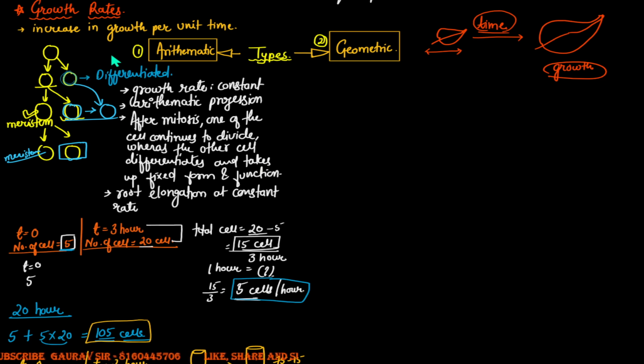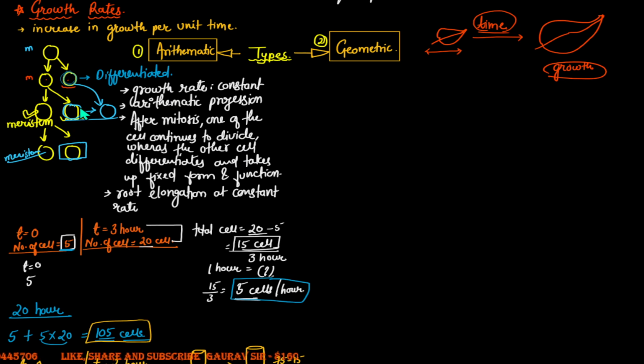In arithmetic growth we have a meristematic cell. This meristematic cell will divide and form two daughter cells. One of the daughter cells will get differentiated, whereas the other will not get differentiated and will continue to divide. On dividing, it gives rise to two daughter cells once more.